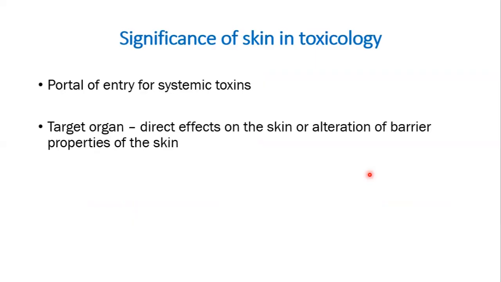And two, it is a target organ, right? So the chemicals can have direct effects on the skin or could cause the barrier properties of the skin to be altered so that chemicals could now penetrate more easily.